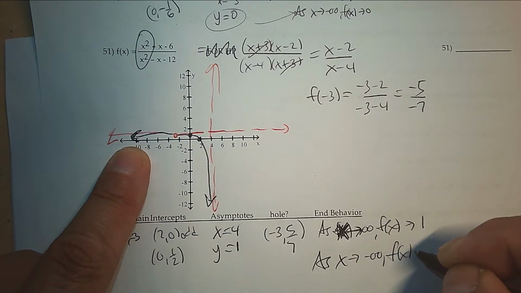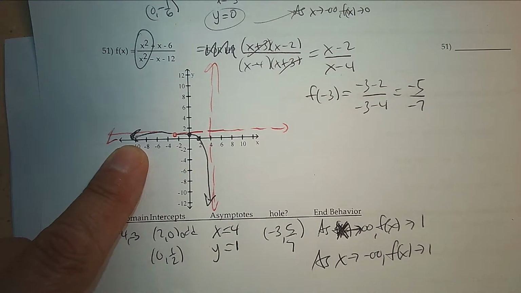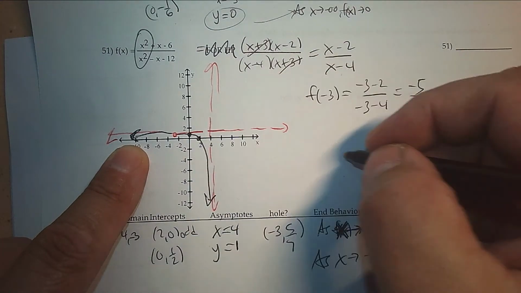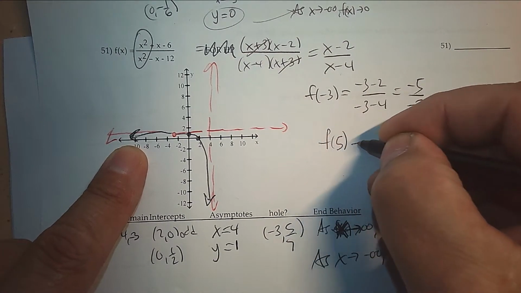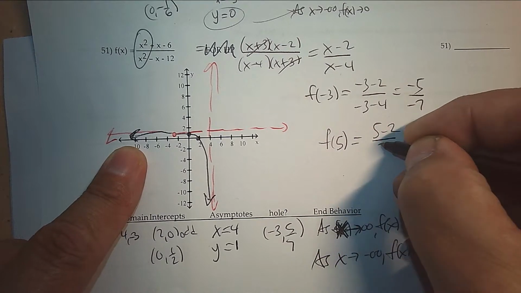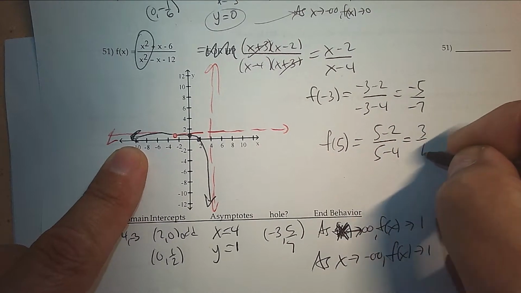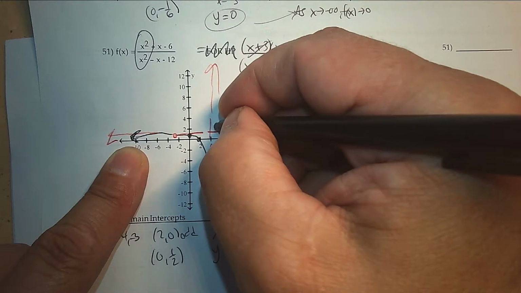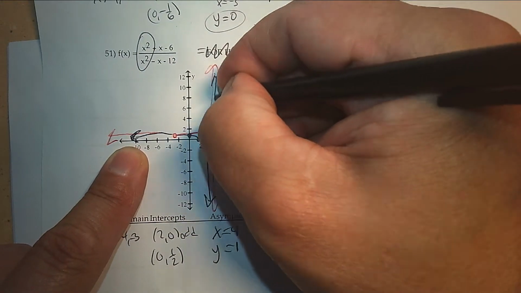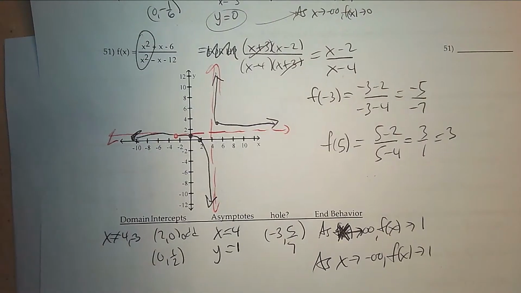So both sides go to 1, left and right end. Here I just need a point over here, so I'll use 5. So 5 take away 2 and 5 take away 4. So that gives me 3. So at 5 it's 3. So I know it goes to infinity and then the end behavior.